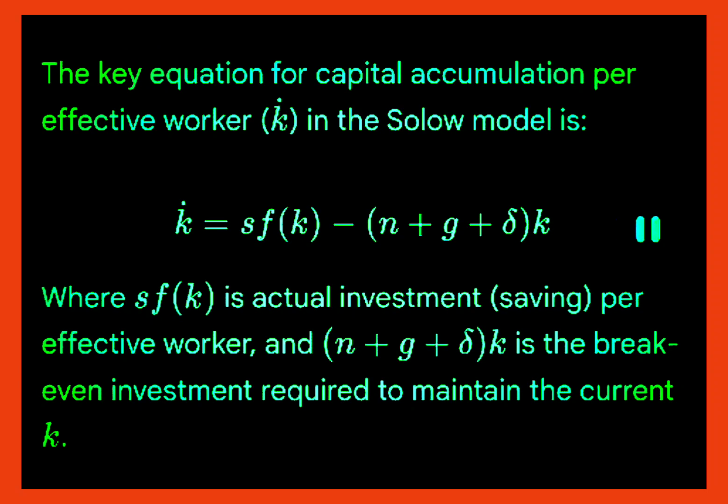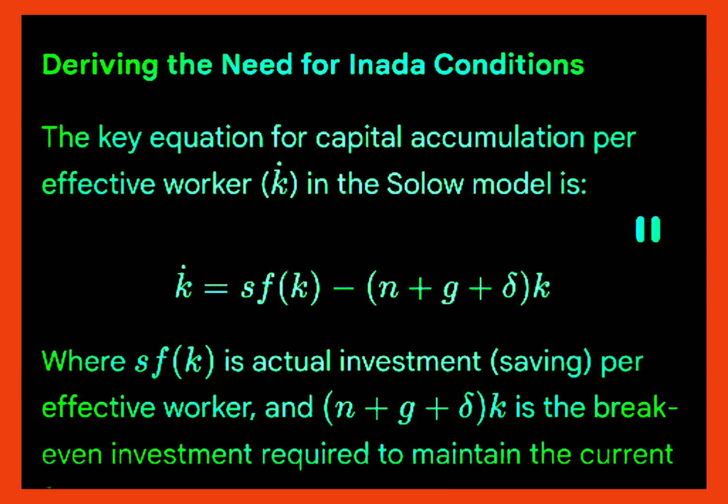Deriving the need for Inada conditions. The key equation for capital accumulation per effective worker, k-dot, in the Solow model is k-dot = sf(k) - (n + g + δ)k, where sf(k) is actual investment, saving, per effective worker, and (n + g + δ)k is the break-even investment required to maintain the current k.